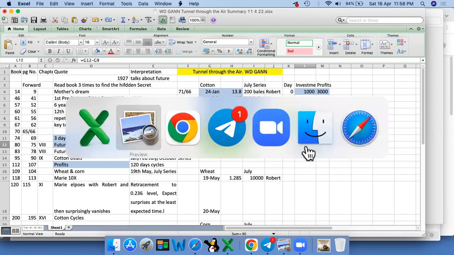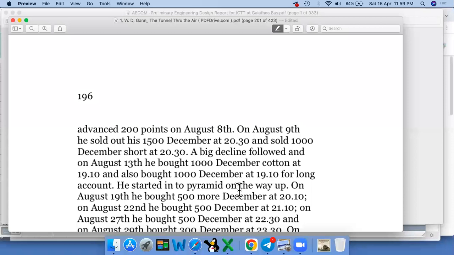Let's find out this August. And from August, from the low, it started going up. A big decline followed, and on August 13, we bought 1000 December at 19.1, which was above this high. We started to pyramid on the way up.